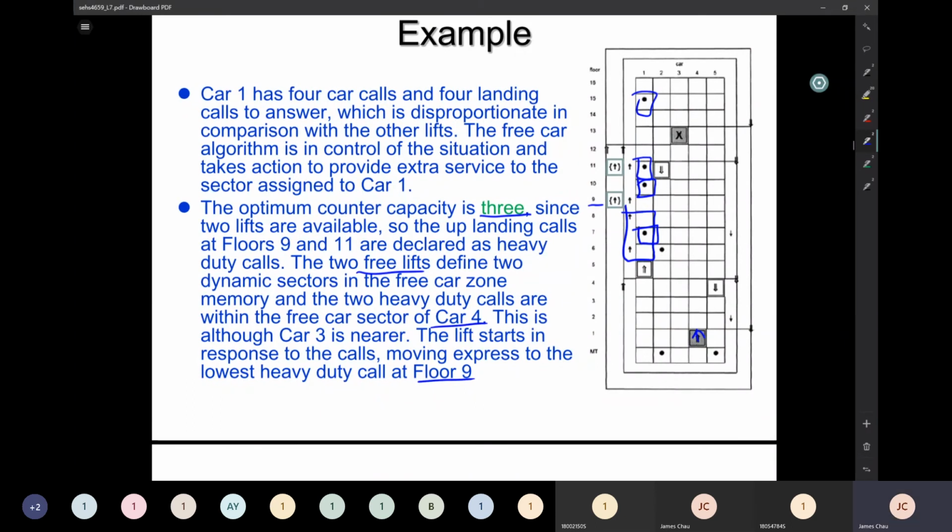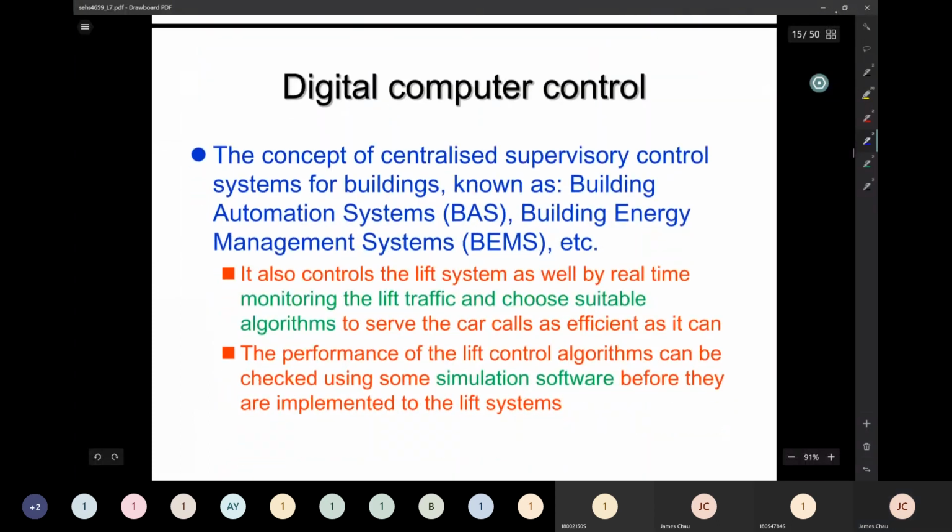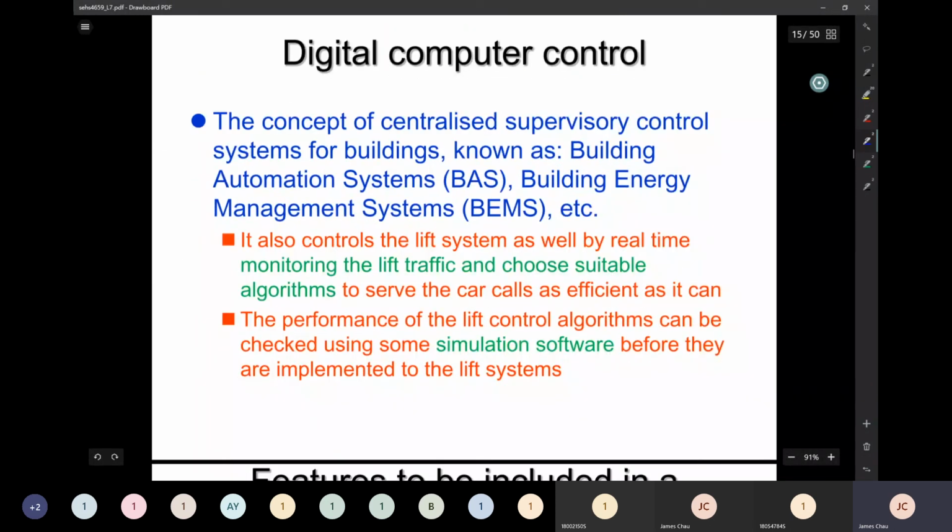Now we talk about digital control. Nowadays, from day one of our subject, we know that our buildings rely on the computer to help us control the systems in the building.